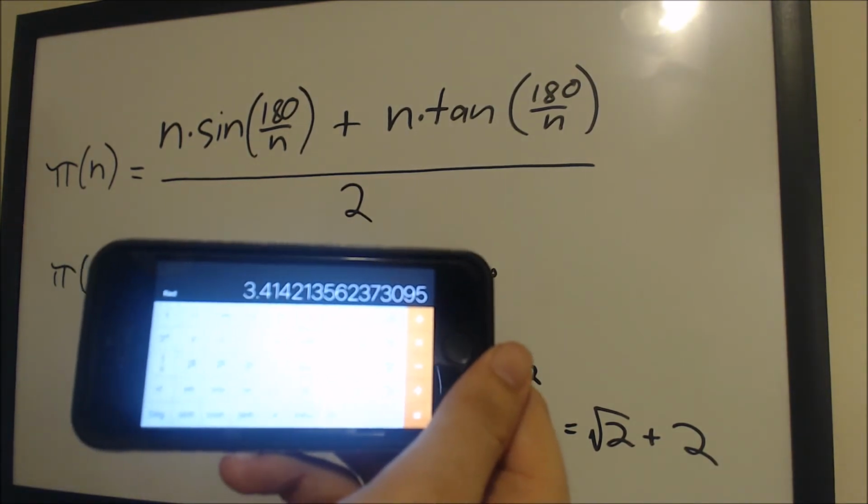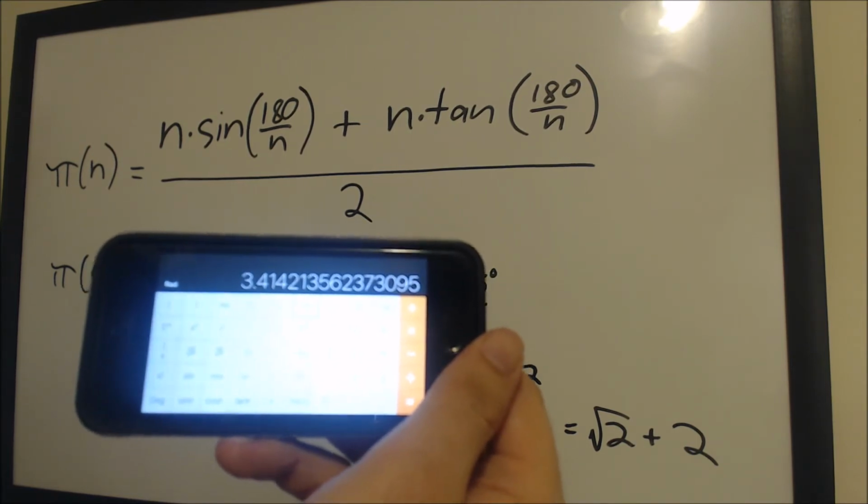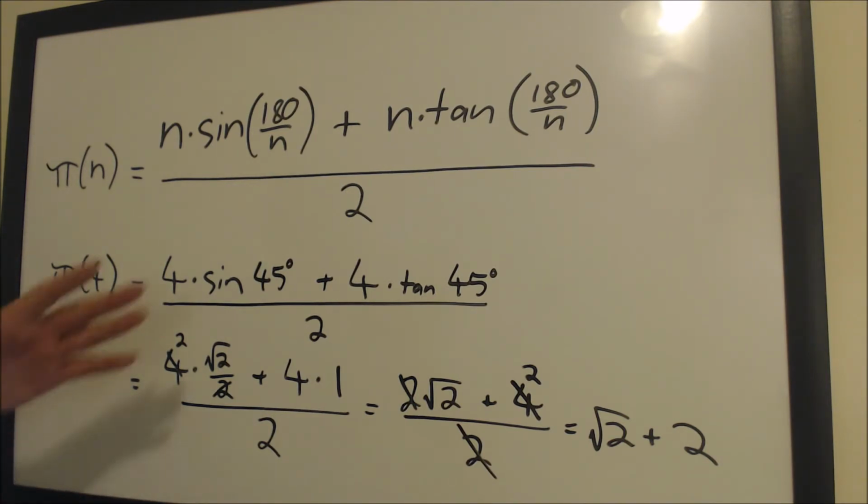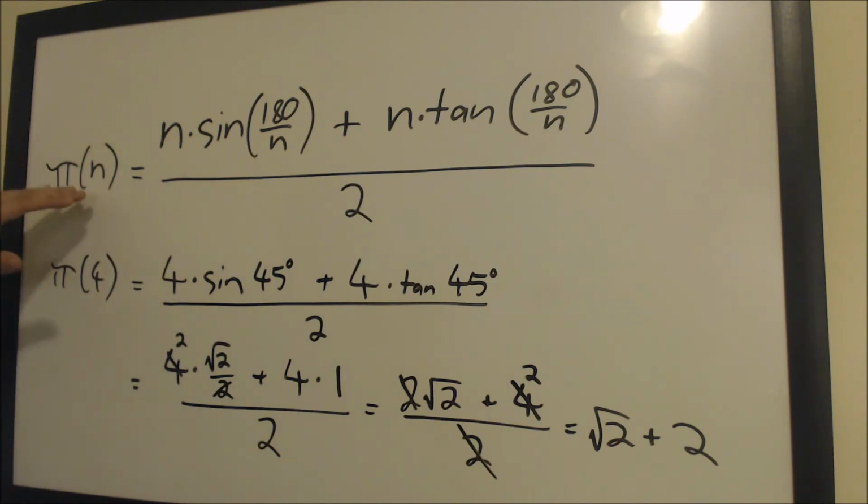Well, that's not too bad. That's actually fairly close, believe it or not. But like we demonstrated earlier, if I do this for even higher values of n, it'll get even closer to pi.